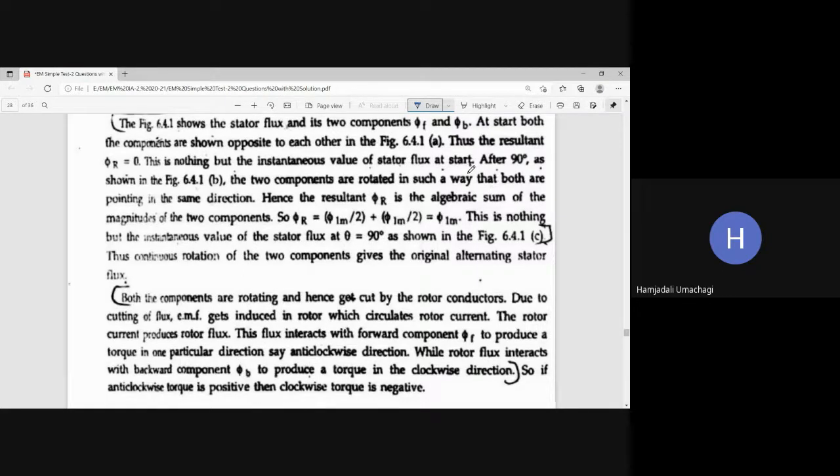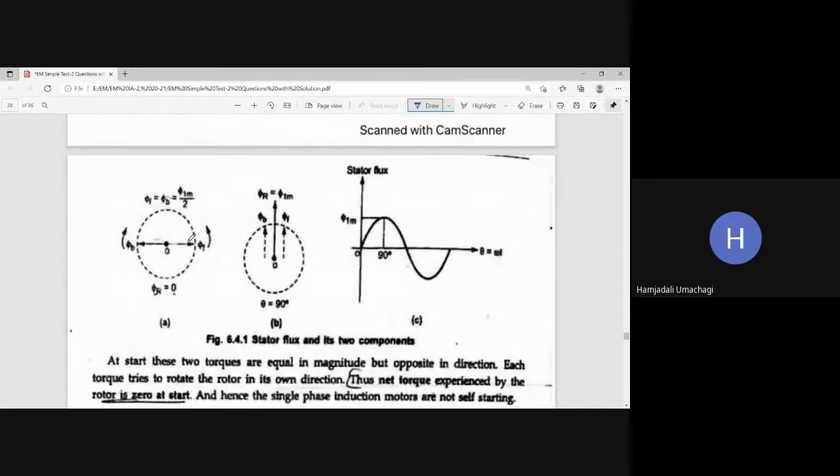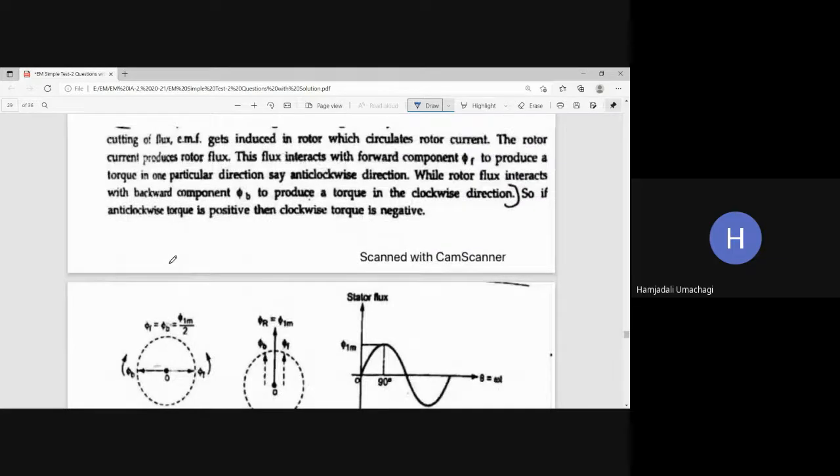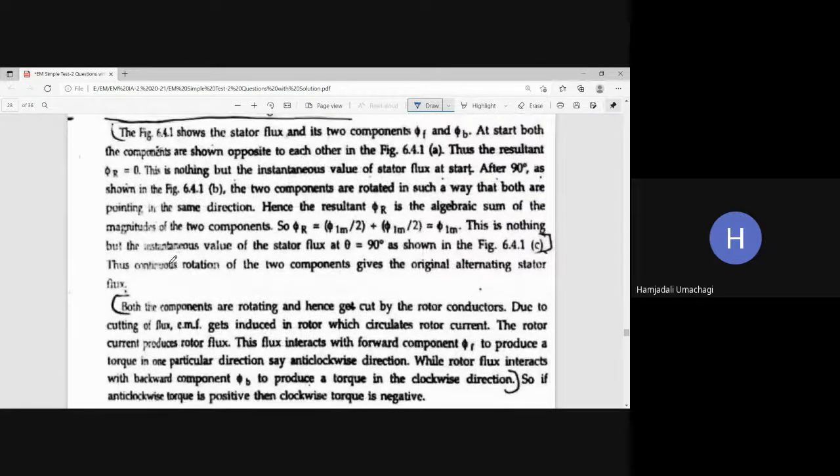When theta equals 0, at the time of starting, the resultant stator flux is 0, because the forward and backward fluxes are equal in magnitude but opposite to each other, so the net resultant flux phi r is 0 at the time of starting of the single phase induction motor.